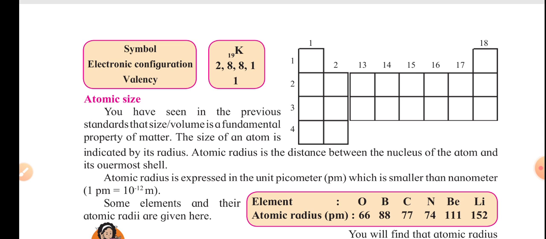Now I want to move to the next topic, and after that topic our lesson will be over, that is periodic classification of elements. So what is that topic? That topic is metallic and non-metallic character. So basically, what is the metallic character and what is the non-metallic character, we will see.